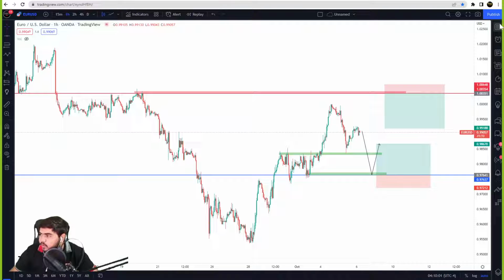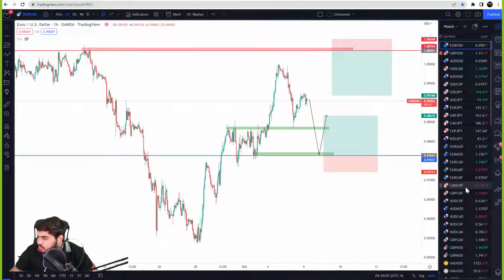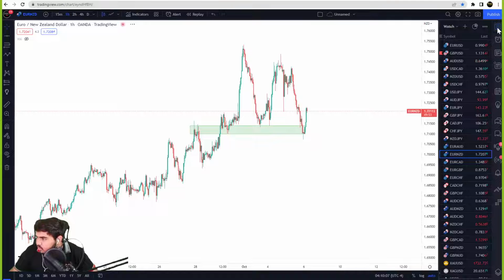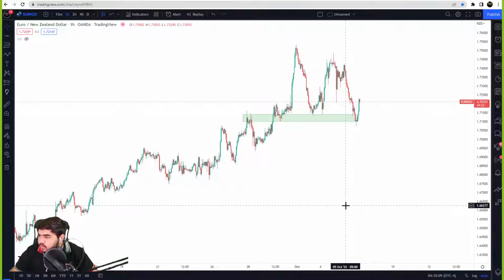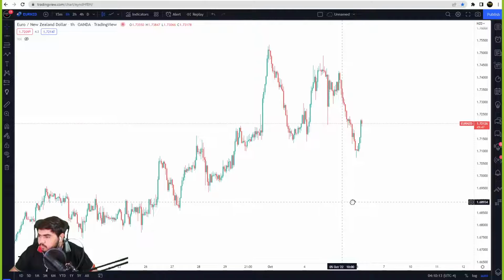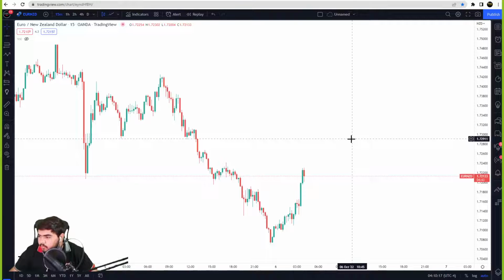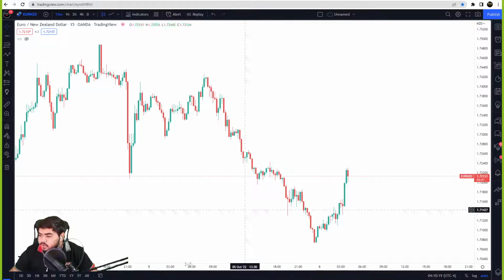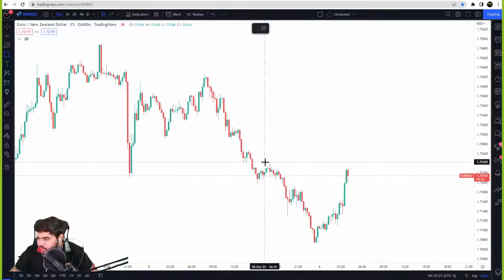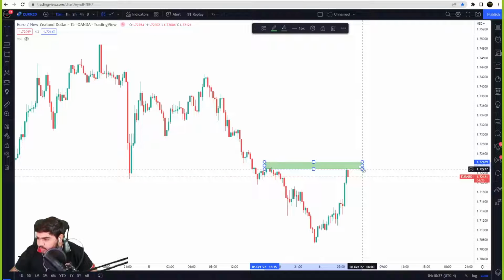Okay. Let's move to the Euro NZD. Let's have a look at Euro NZD. I was thinking of taking this trade. So if you can zoom it and go to smaller time frames. 15-minute chart. So Asad is saying that we have this area of resistance right here.